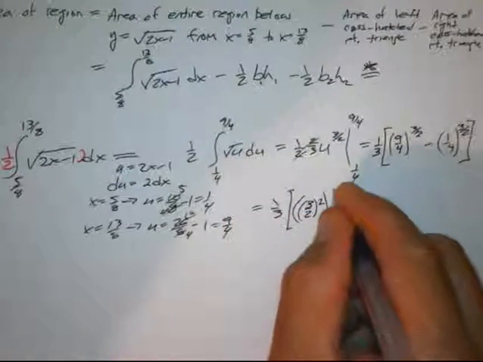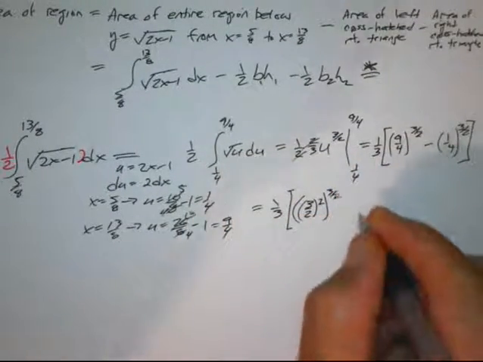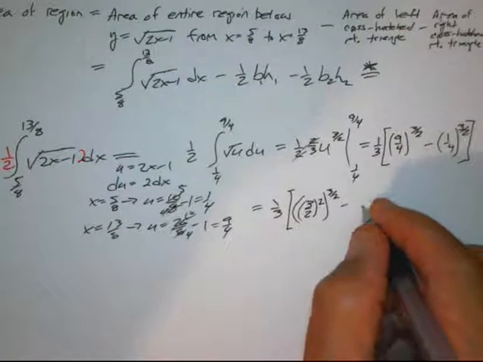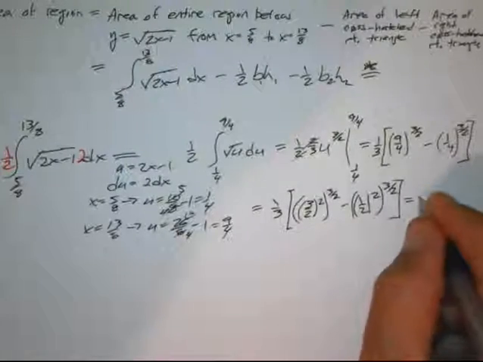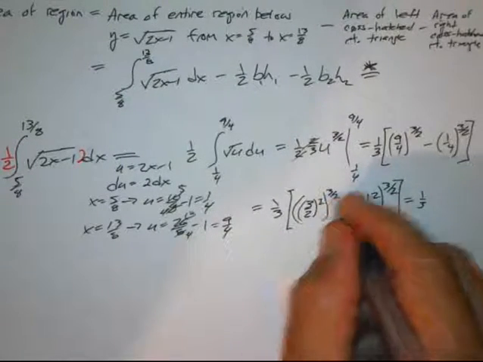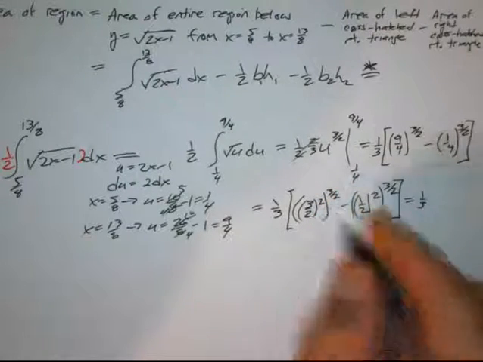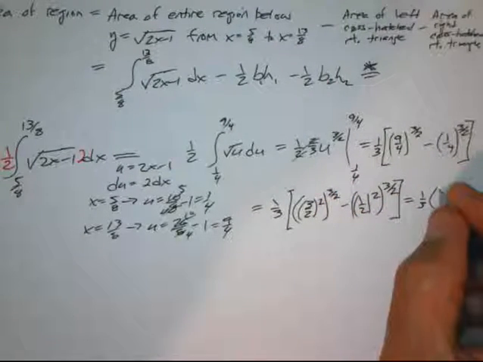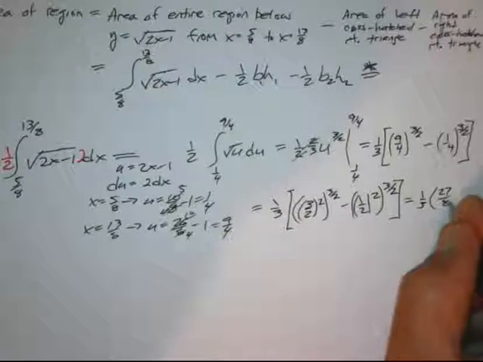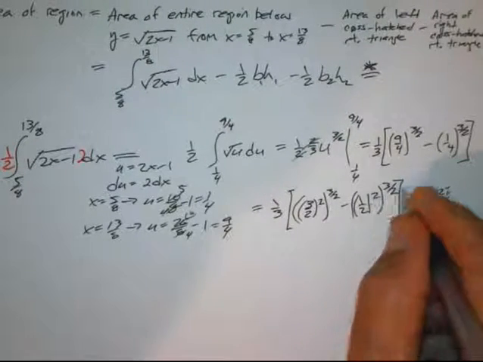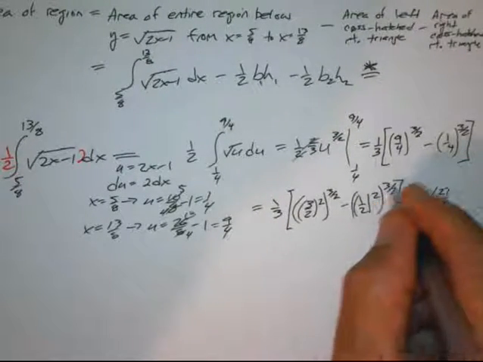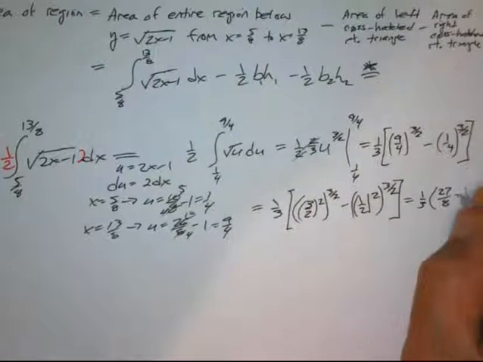So it's that going to the 3/2, and 1/4 is actually 1/2 squared. Now we can take advantage of some laws of exponents, multiply these exponents. Just the 3 is left over, 3 cubed over 2 cubed. That'll be 27 over 8. Here, 2's cancel. 1/2 cubed, it's 1/8.